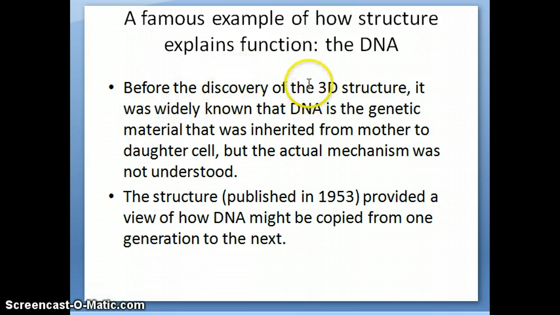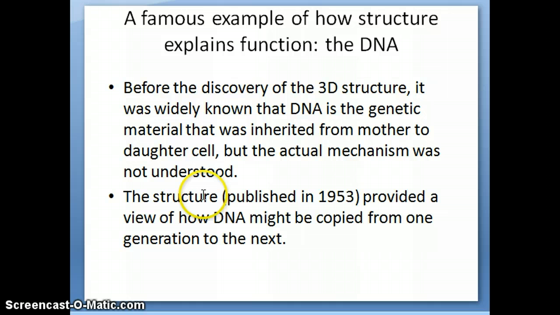Way before the discovery of the three-dimensional structure, before people knew what DNA looked like, it was already widely known from a lot of biochemical experiments that DNA is the genetic material that contains the information that makes us what we are. People also knew that this genetic information is somehow copied from the mother to the daughter cell during cell division. But it was not clear exactly how this happens.